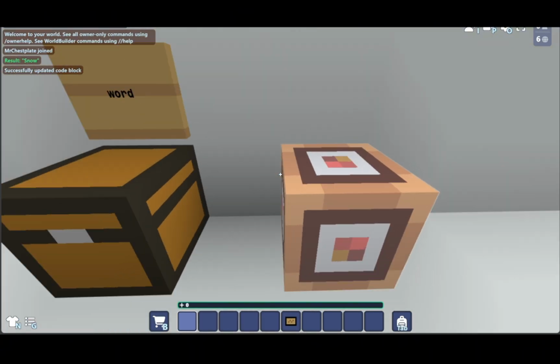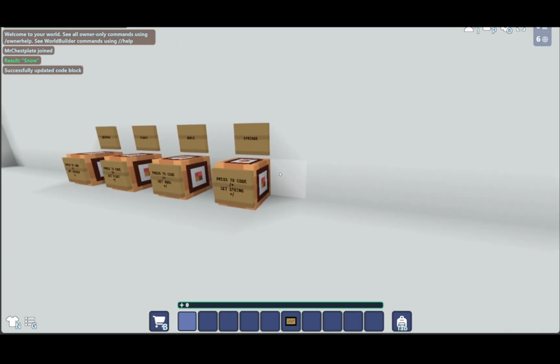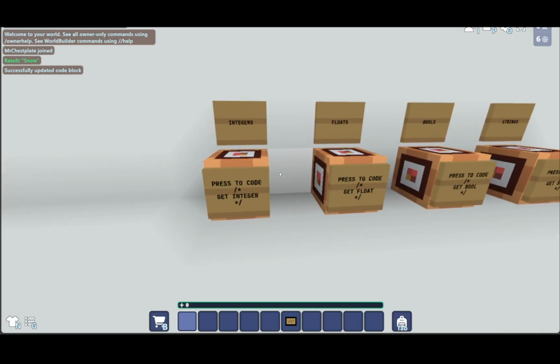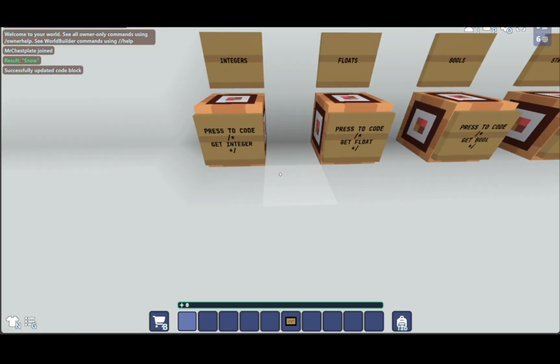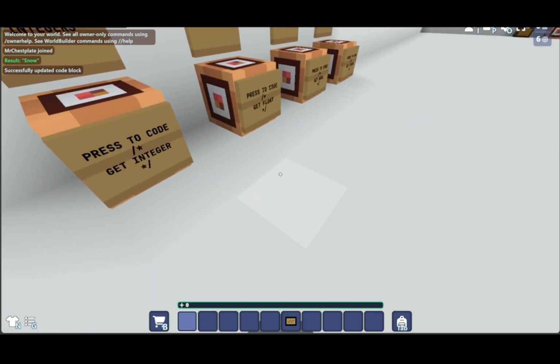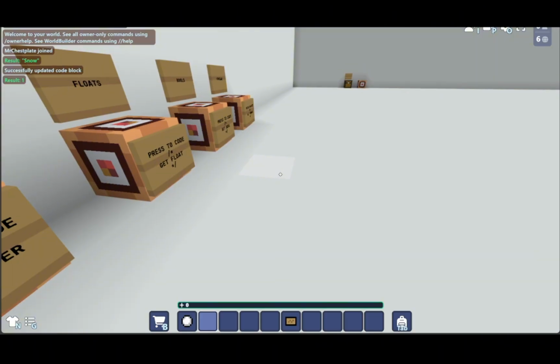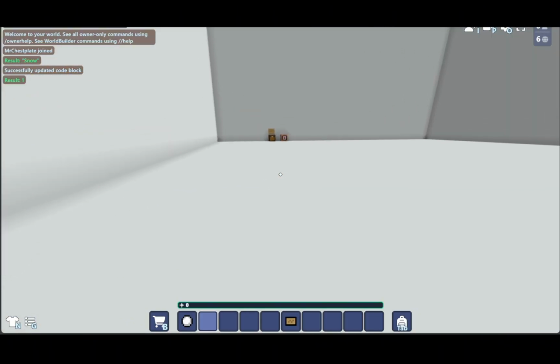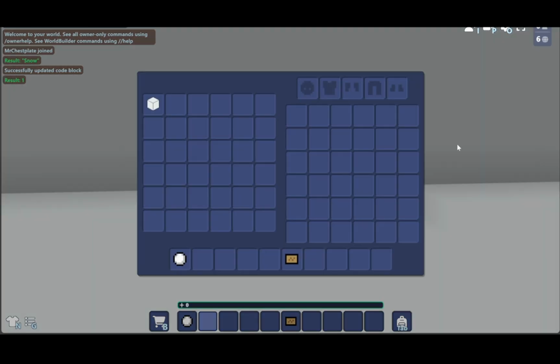Now that's only one thing you can store, but over here we have a few things that we can store in it. First we have integers, which are just the ordinary whole numbers like 1, 2, 3, 4, 5 or -1, -2, -3. There's no decimal point. If we store 1 in here, let's just take out the snow and store 1 in it.